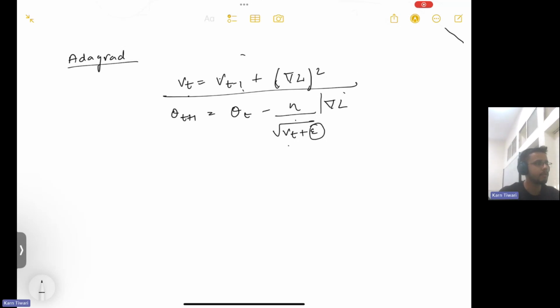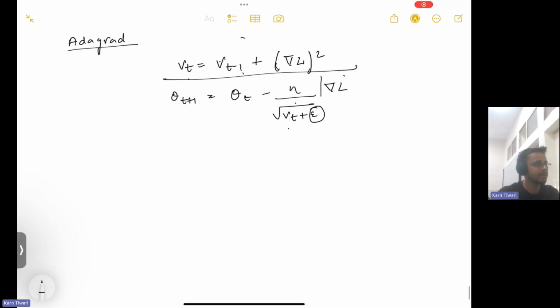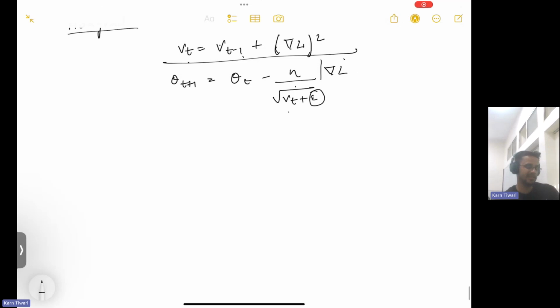Based on that, this term depends upon del L squared. Initially, as I mentioned, the gradient will be higher, so 1 by higher means it's hardly updating. After that, as this denominator keeps increasing with time, this term will give a much larger step, and it will oscillate a lot. I hope you are getting what I meant to say.